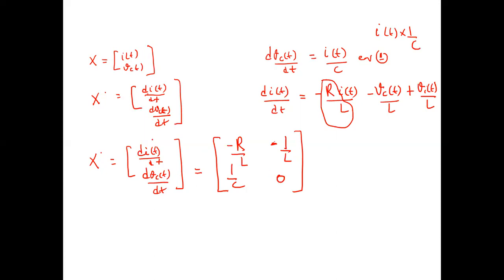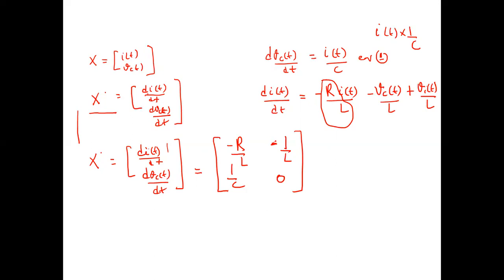Whenever we have to do any substitution, it is column and rows. So di/dt, minus R by L, and after that dVc/dt, this term is there, right?